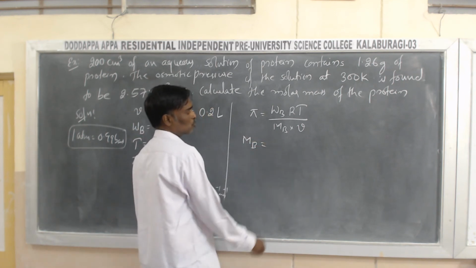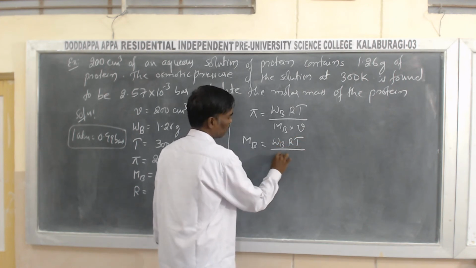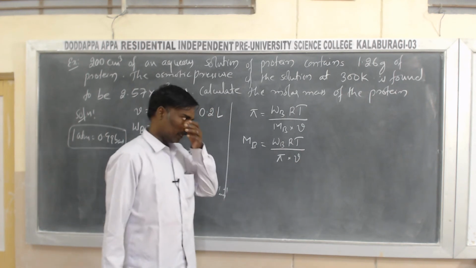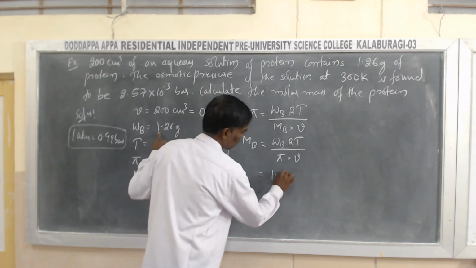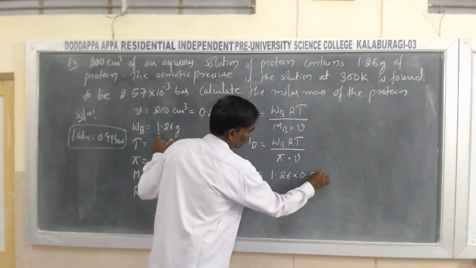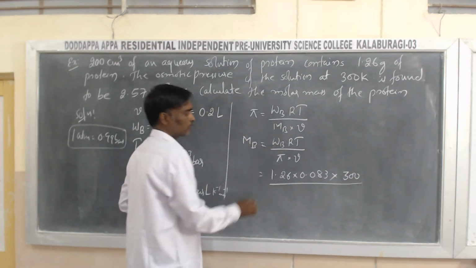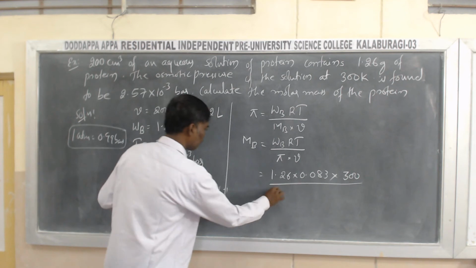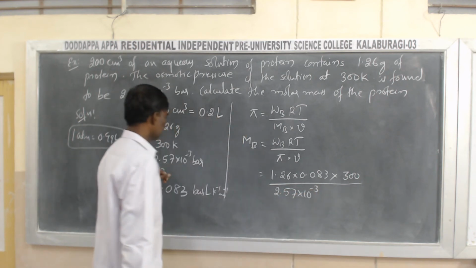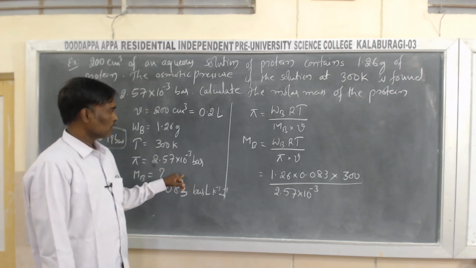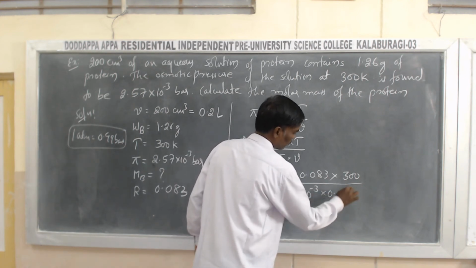MB is equal to WB into R into T divided by pi into V. The values: WB is 1.26, R value 0.083, temperature 300, divided by pi value 2.57 into 10 raised to minus 3, and volume 0.2.